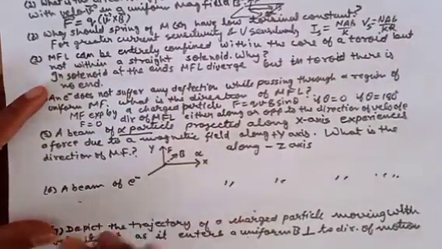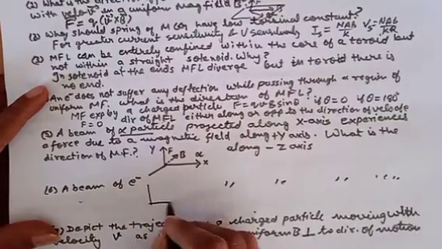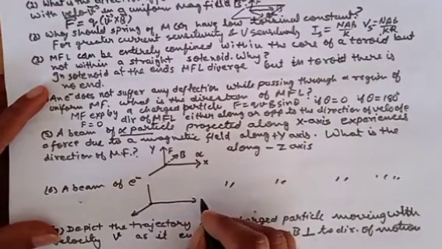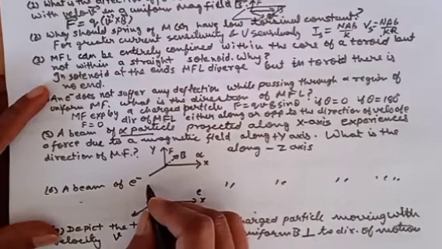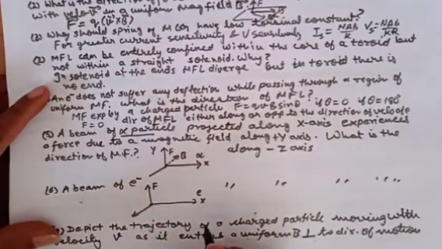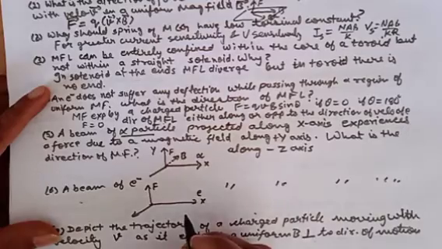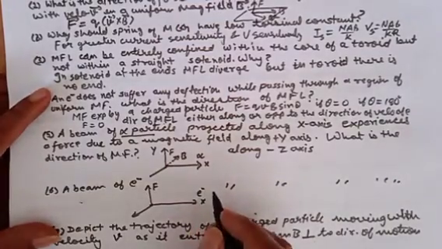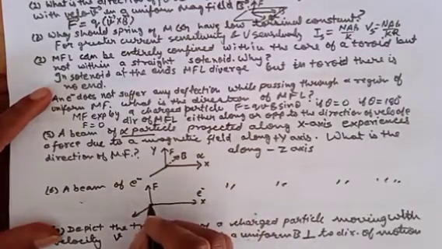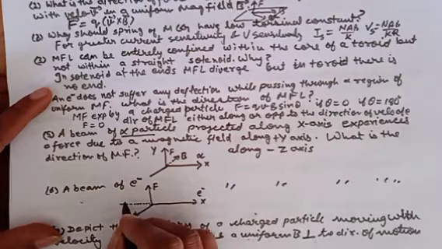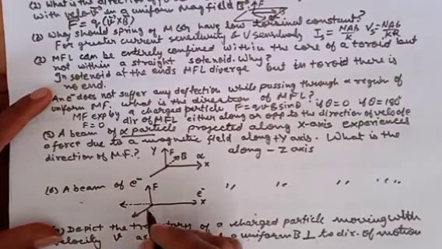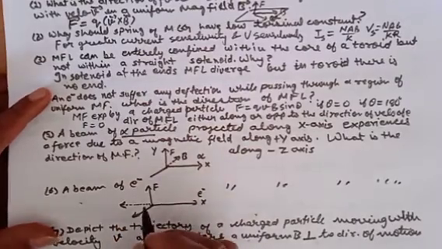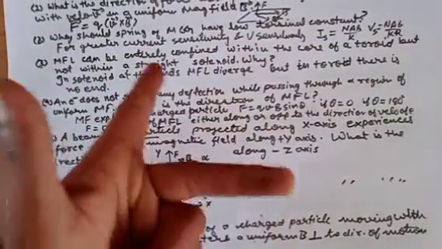Now the same question with an electron. So let's see what will happen. Now the electron is moving along the x-axis and it is also experiencing force along the y-axis. Now remember one thing: for an electron or any negatively charged particle, we have to take the opposite direction for its equivalent positive charge, because this rule is applicable for positive charge.